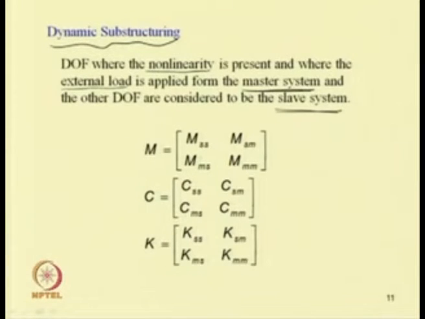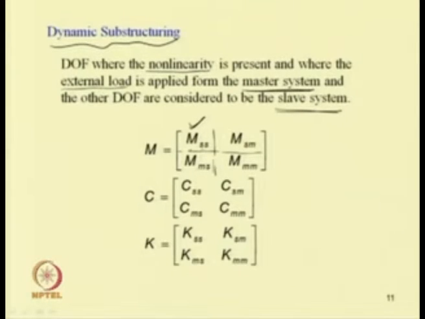We can partition the mass matrix as M SS, that is with slaves, then M SM, M MS and M MM. M MM contains all the master degrees of freedom, M SS contains all the slave degrees of freedom, and the off-diagonal blocks couple the master and slave degrees of freedom.